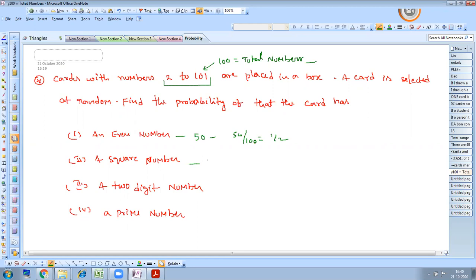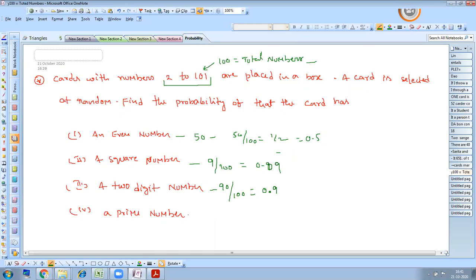So 9 by 100, that is 0.09. How many two-digit numbers are there? 90. So this is 0.09, this is 0.9.